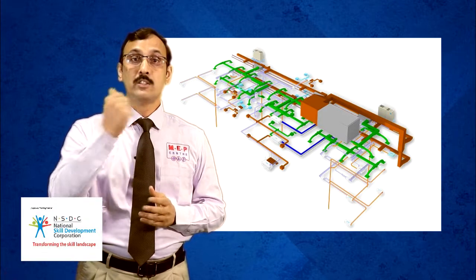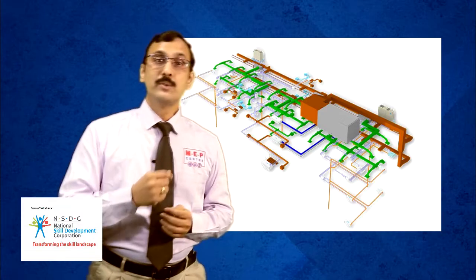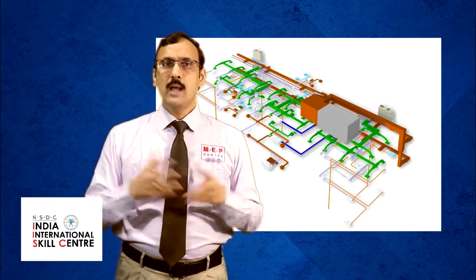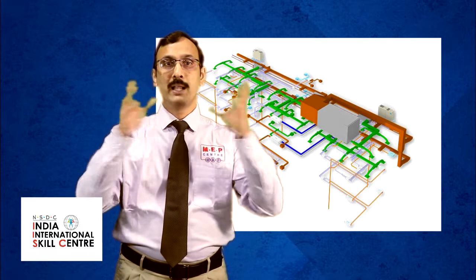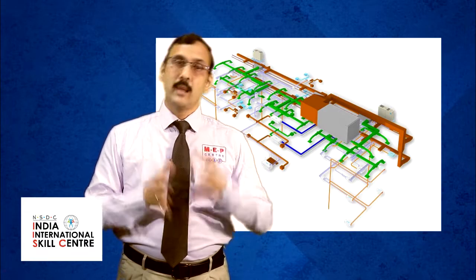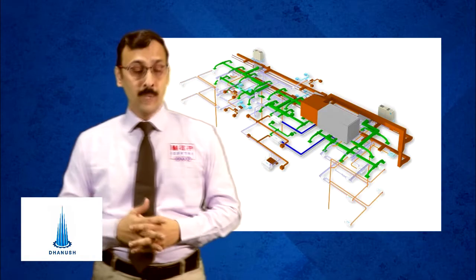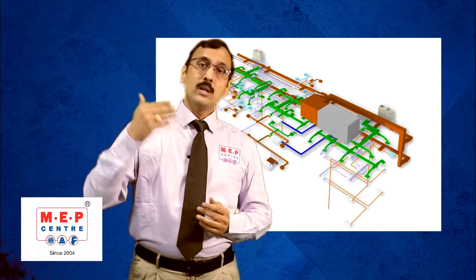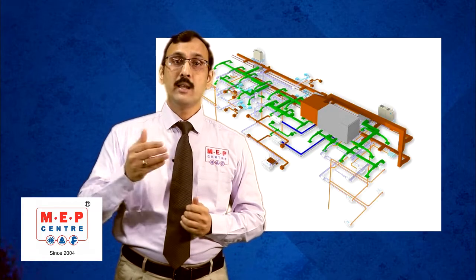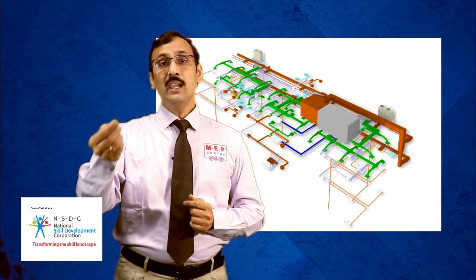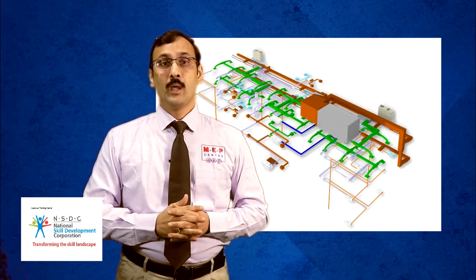Now, how is it distributed? It is distributed by using a network of ducts. What is a duct? A duct, in simple words, is a metal box. It will carry the air from one location to another. When you are designing a duct, there are certain parameters you need to know.